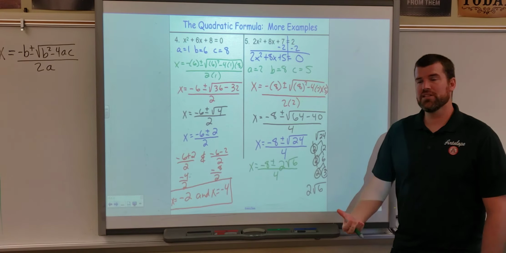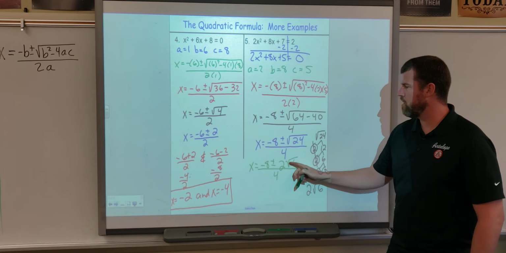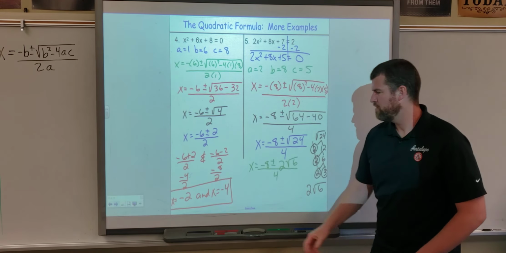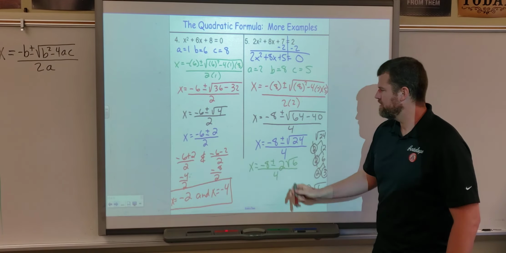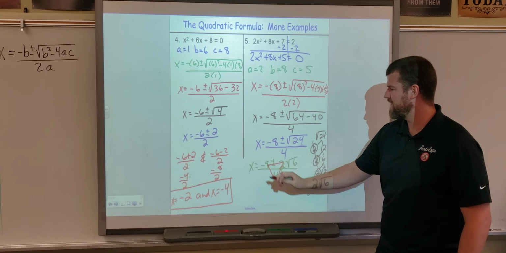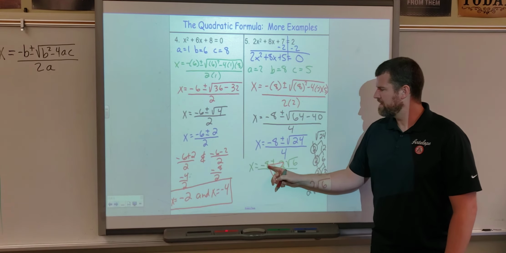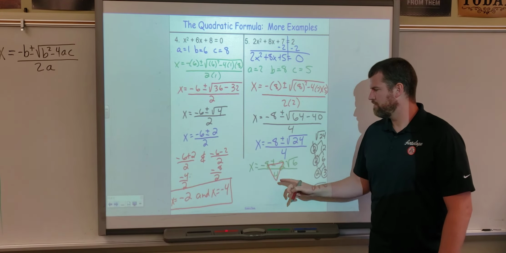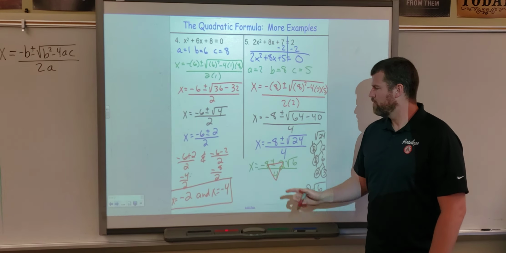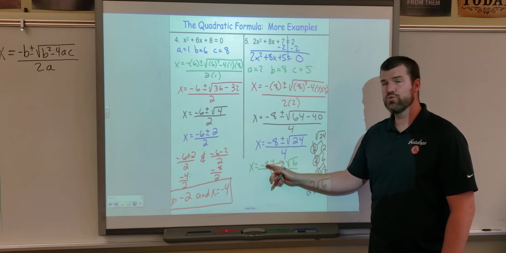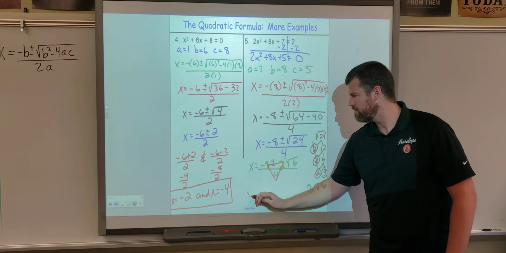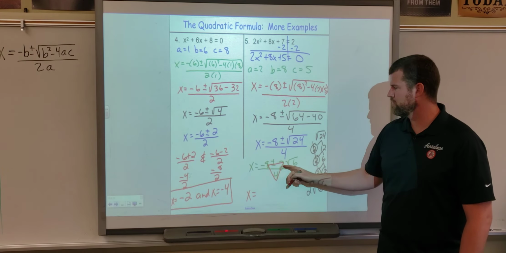And then this is where we can look to see if we can still reduce all 3 of these terms using the Dorito chip, as one of my students started calling this last year, and I really liked it because most students understood it. If we can simplify negative 8, 2, and 4, then we can reduce it, which we can because 2 goes into all of those. So we can reduce this by a factor of 2.